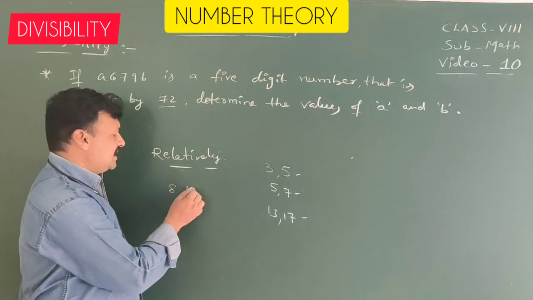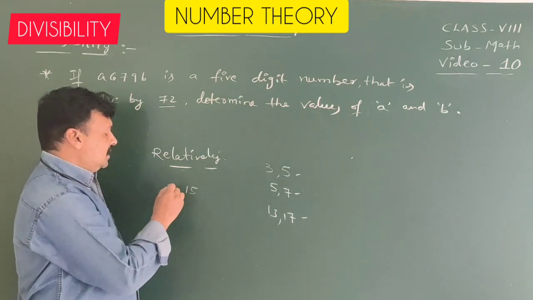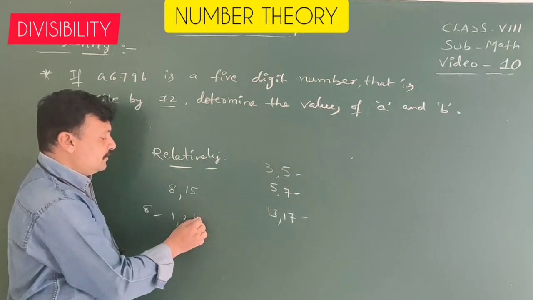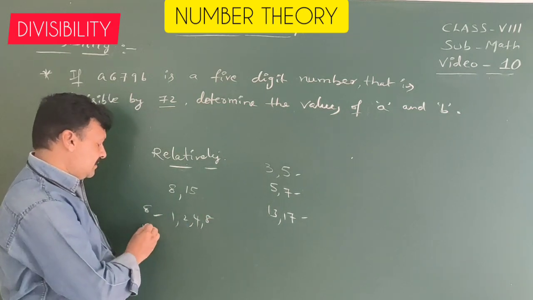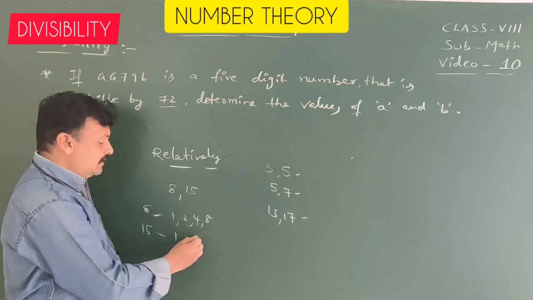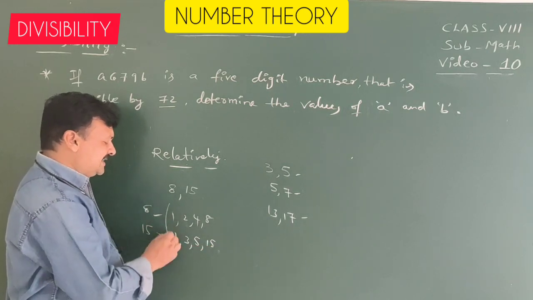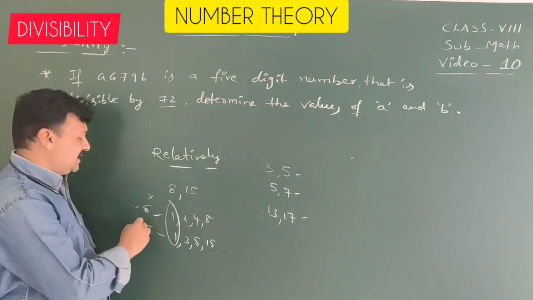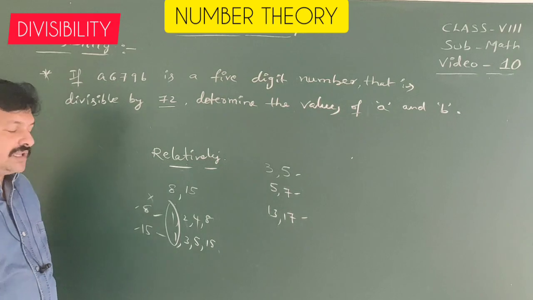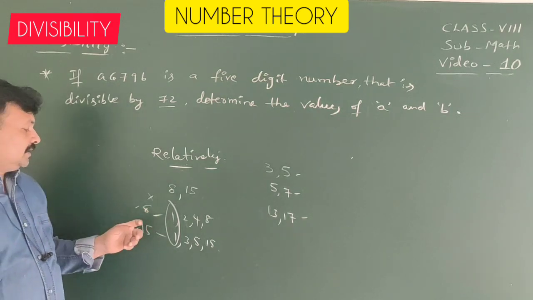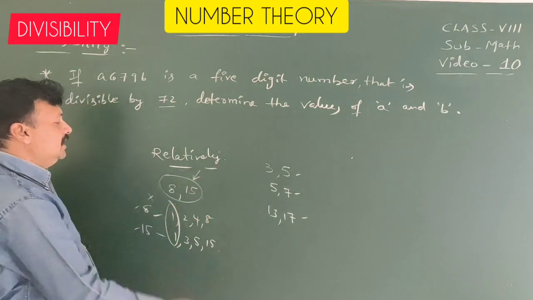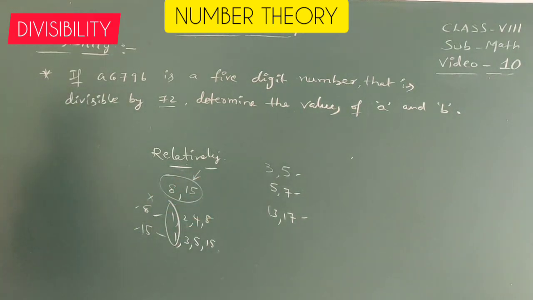For example, 8 and 15. The factors of 8 are 1, 2, 4 and 8. The factors of 15 are 1, 3, 5, 15. Except 1, there are no other common factors between 8 and 15. So here 8 and 15 are relatively primes or co-primes.